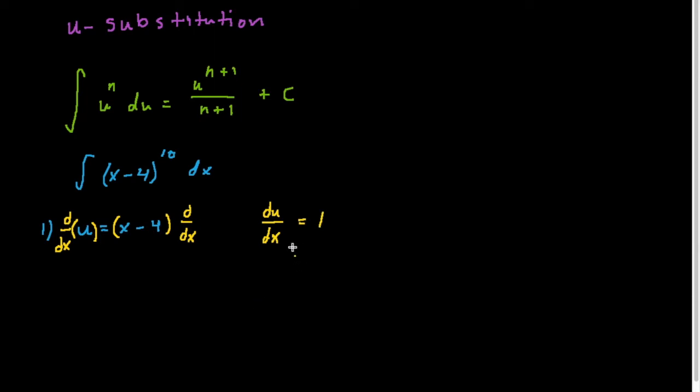We need to do one more thing. We need to separate du and dx, so we'll multiply each side by dx. And we'll get du is equal to 1 dx, or just dx.